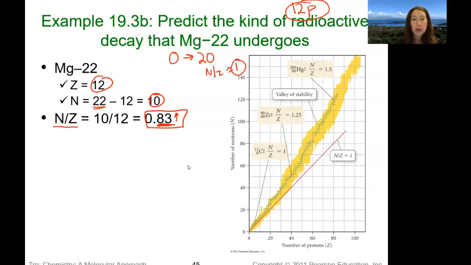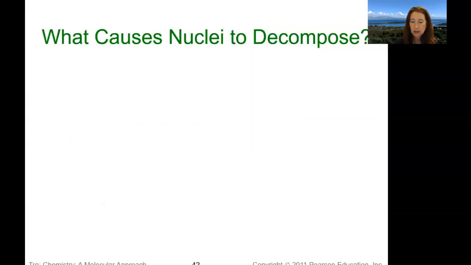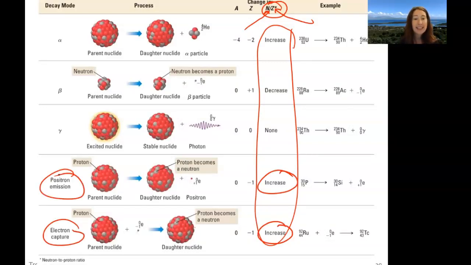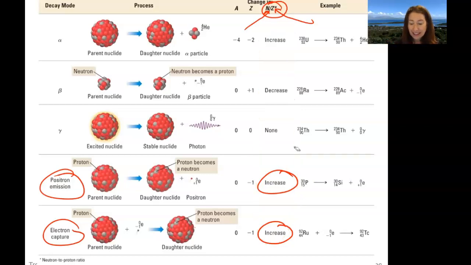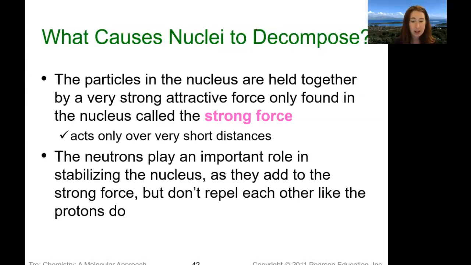So let me go back and show this picture again. We need to increase our N to Z ratio: electron capture, positron emission. This little picture here is very handy. And sometimes alpha, it's just not as common. Alpha is a little dramatic because it makes such a huge change.